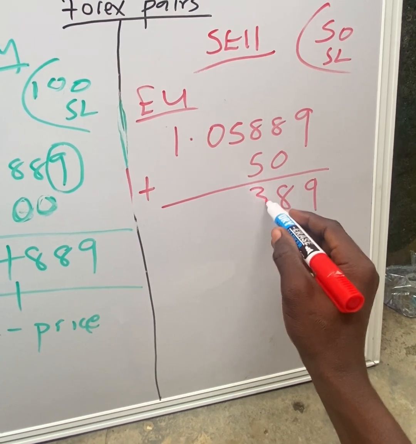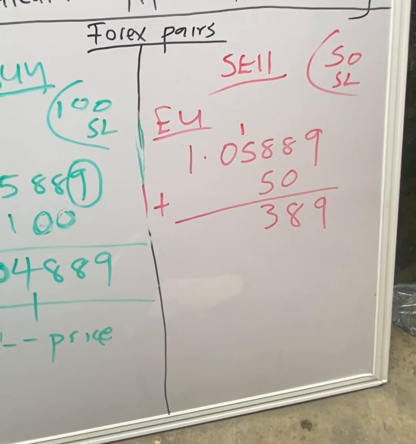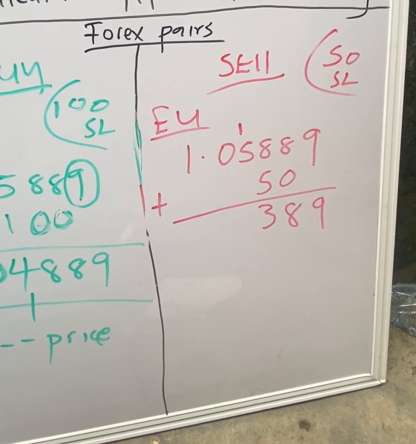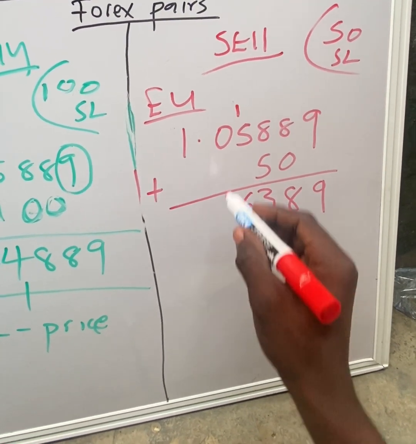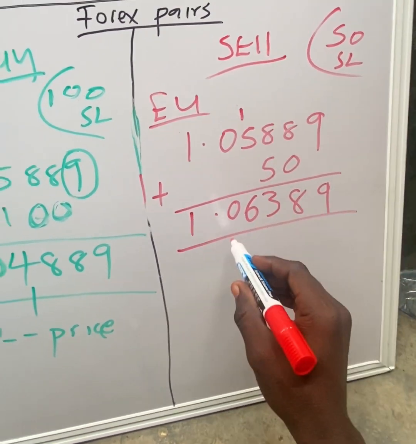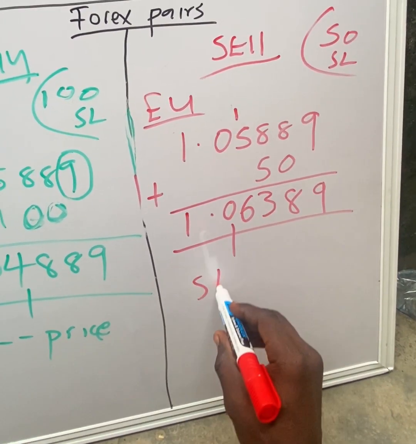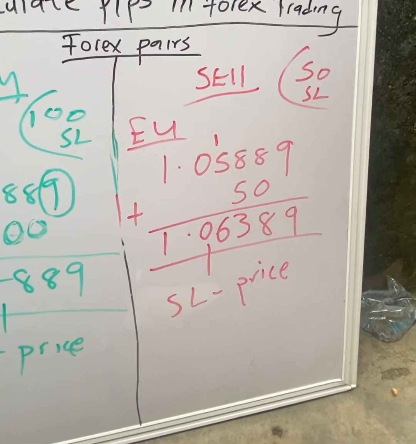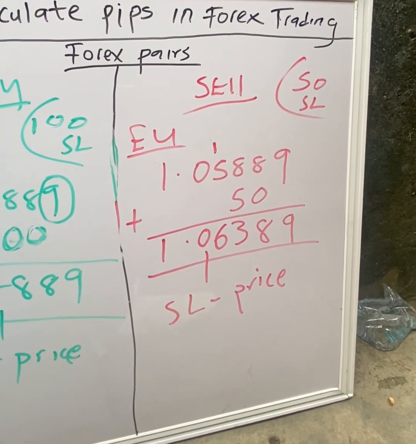So we put down 3, we put our 1 here. So 1 plus 5 is 6. Then we have our 0 here, 0.1. So this is the current market price, Excel price. As you can see, that's just it.